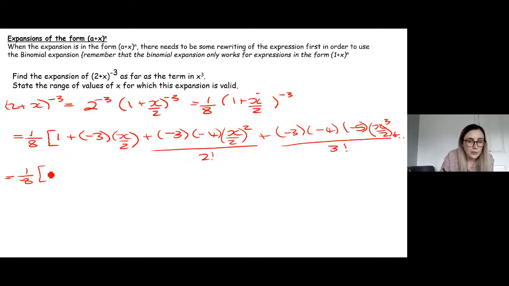If we tidy this up, we've got our 1. Minus 3 times x over 2 is going to give us minus 3x over 2. Minus 3 times minus 4 is going to give me a positive 12. Positive 12 divided by, so that 2 is going to become a 4, so that's going to be 3, so that's going to become 3 over 2.